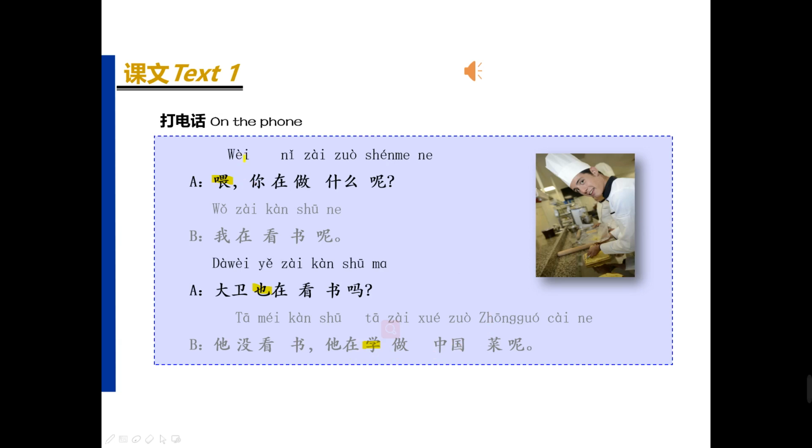So, for this dialogue, please try to practice at least 2 times and listen to the recording and imitate the dialogue.